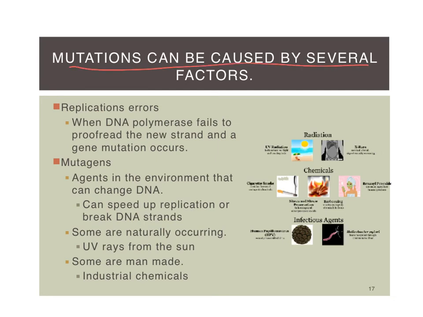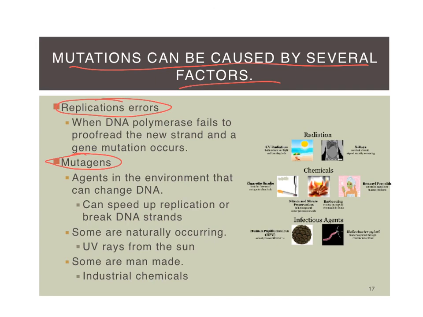Mutations can be caused by several factors. First would be replication errors. When DNA polymerase doesn't catch mistakes and doesn't fix those during replication in S phase, you can get a gene mutation occur. Okay. Another thing would be mutagens. Mutagens are agents in the environment that can cause changes in DNA or mutations in DNA.